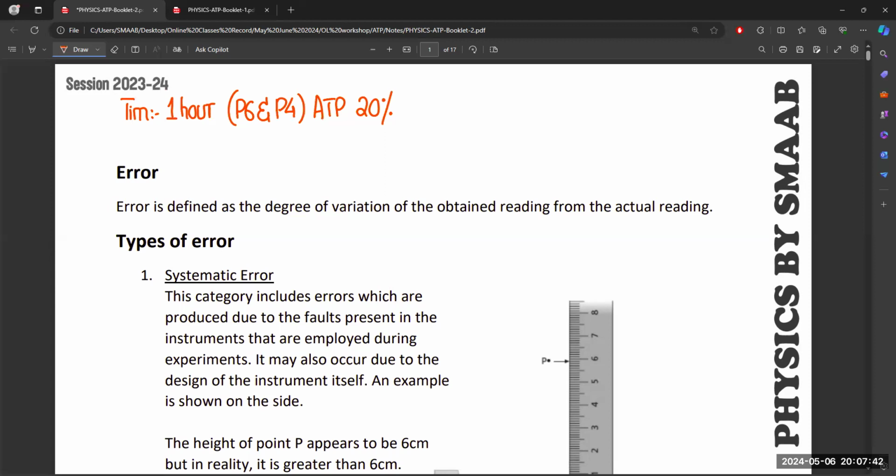For theory, there is a total of 50% weightage, and for MCQs, 30%.